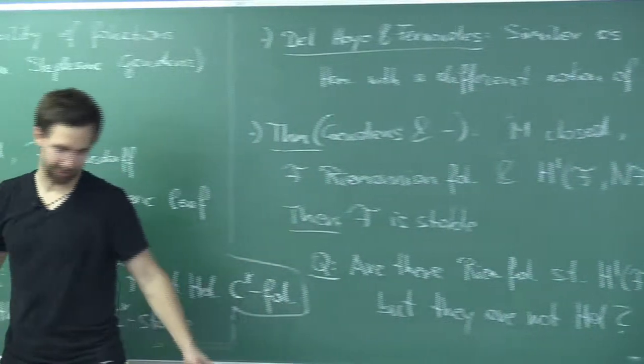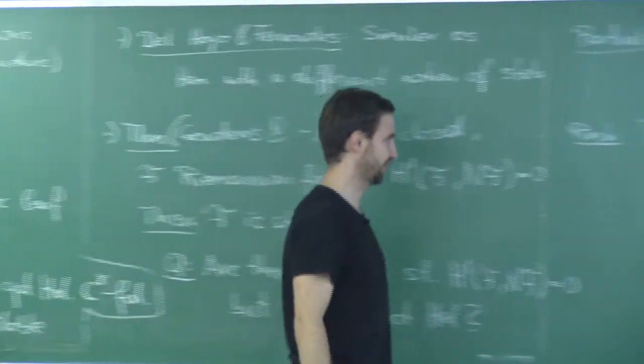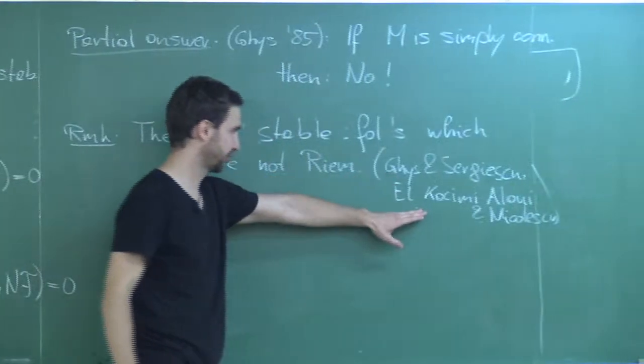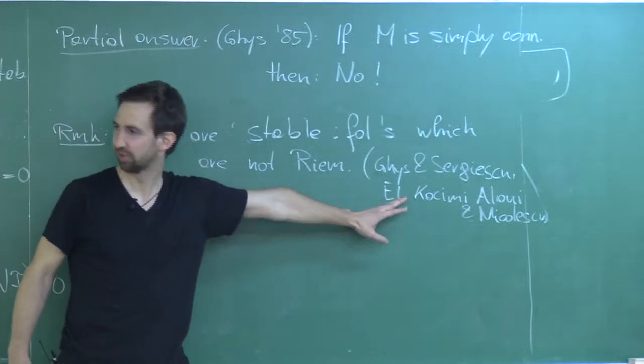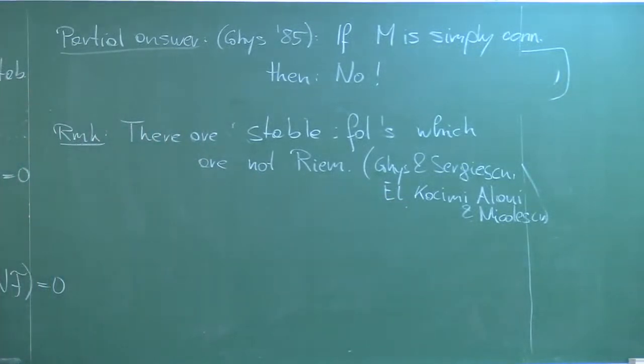So there was first one example by Ghys and Sergiescu, and then other people generalized it. They take some n-torus and act on it by some integer-valued matrix, let's say in SL(n, Z). You define a linear foliation on your n-torus, k-dimensional, let's say.